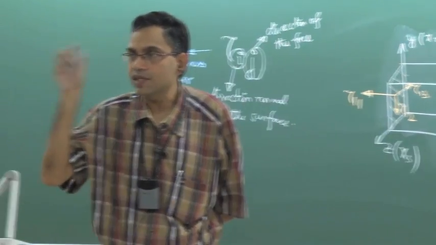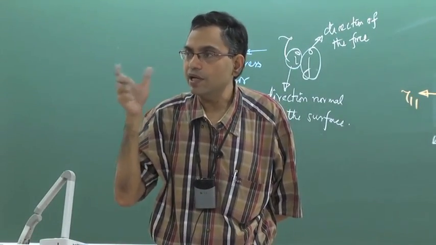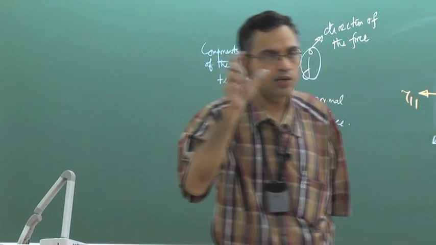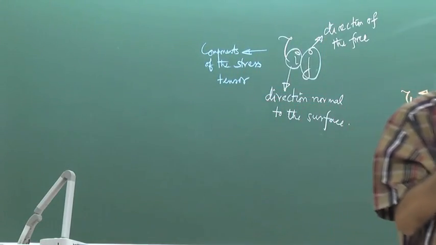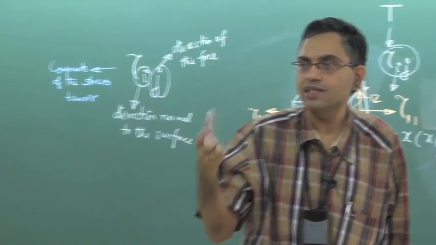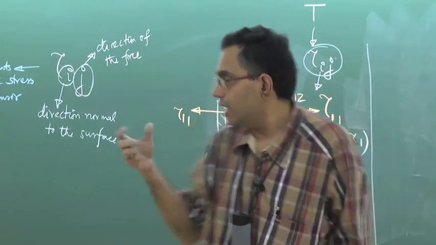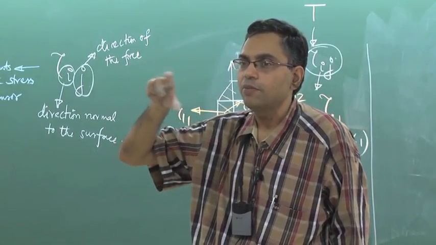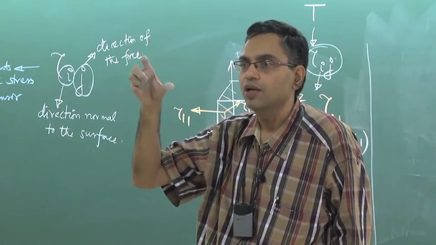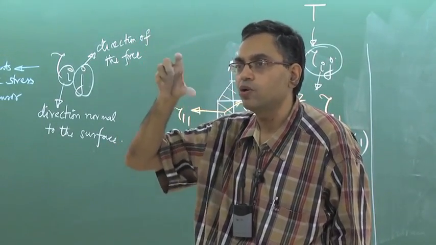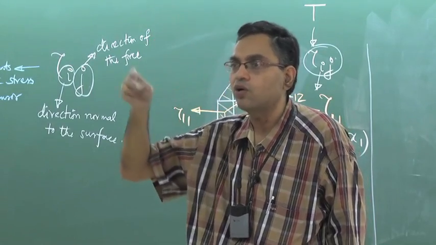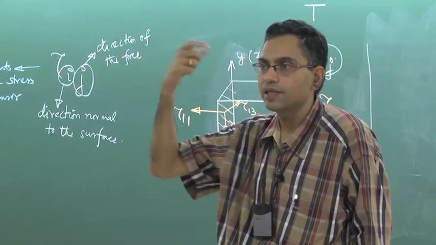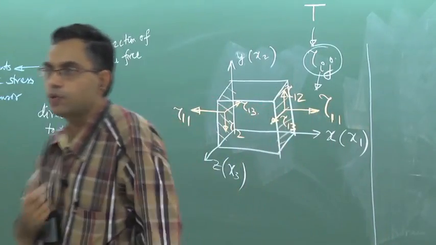The surface ABC has arbitrary orientation and the other surfaces have normals along x1, x2, x3. So, for other surfaces we can use the tau ij notation, but not for ABC. By writing the equation of equilibrium for the entire volume we will be able to represent the force on an arbitrarily oriented surface in terms of the force on the other surfaces. That is the motivation of taking this type of element.